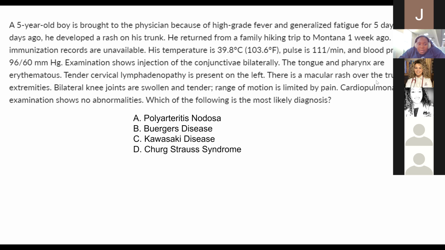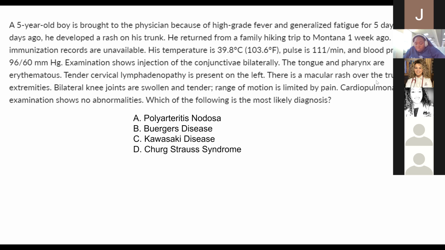So that's why I picked Kawasaki. I knew it wasn't Buerger's because I'd be expecting a male in his 40s with some kind of smoking history. I knew it wasn't Churg-Strauss, expecting some sort of respiratory situation, like asthma or something. And then I knew it wasn't polyarteritis nodosa because you would expect hypertension and some other systemic issues, which this kid doesn't have.